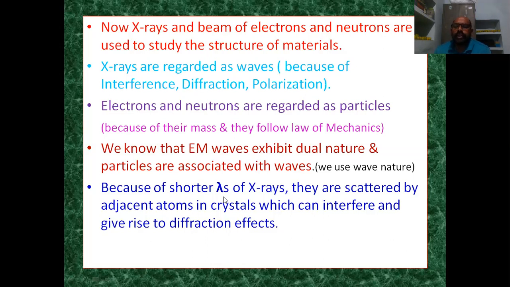So the interference of scattered X-rays occurs and they give rise to diffraction effects. That means diffraction maximum and minimum.